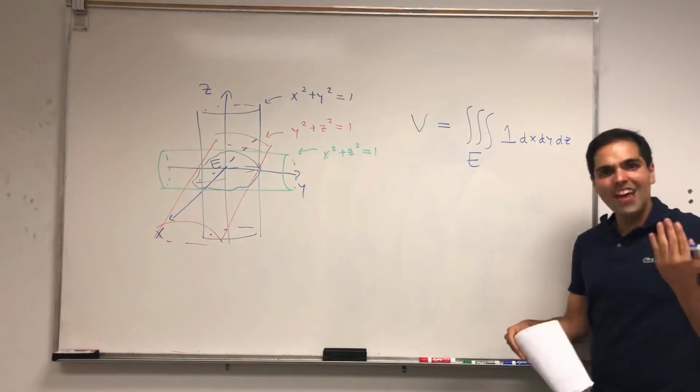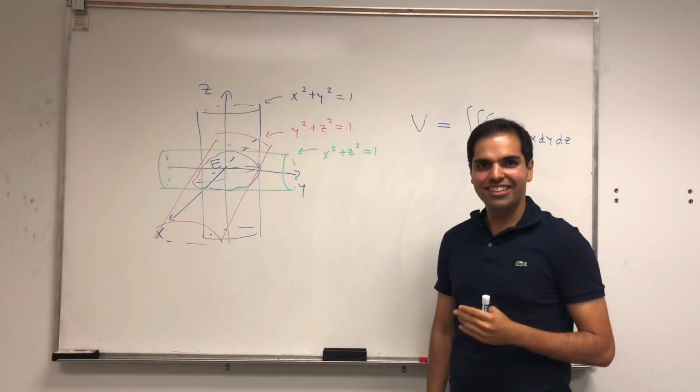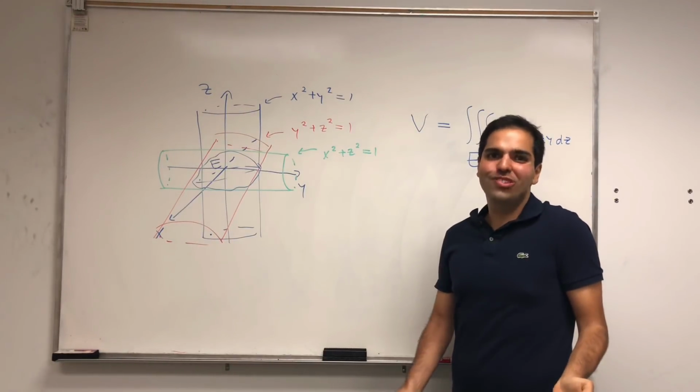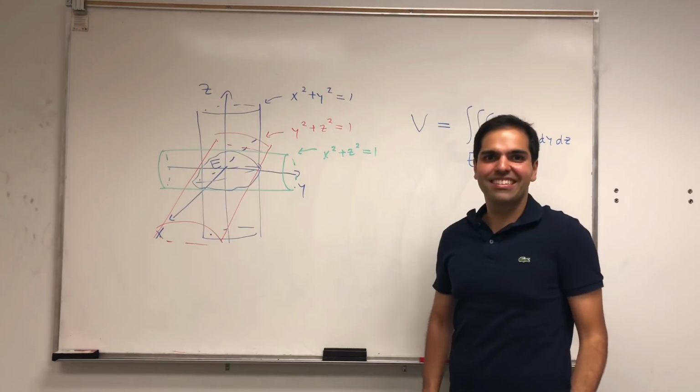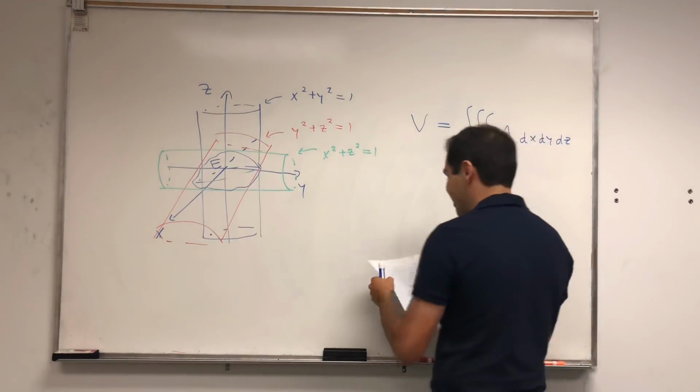Now, you may have thought, okay, because we're dealing with cylinders, maybe it's useful to use cylindrical coordinates. And in fact, you can use this to solve this. So this is the key.